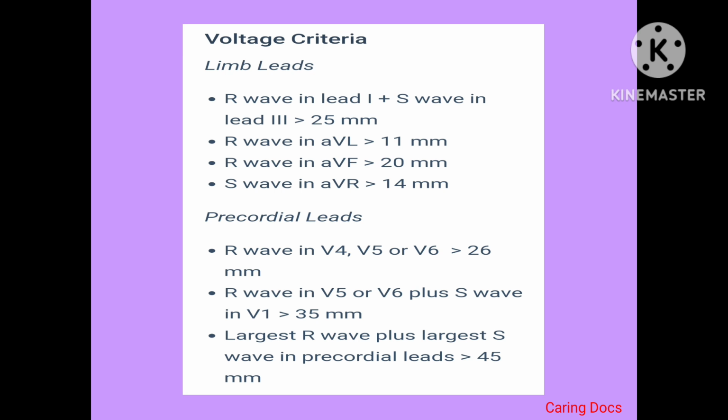that is the sum of S wave in V1 and R wave in V5 or V6. If it is more than 35 mm, then it is partially suggestive of left ventricular hypertrophy.